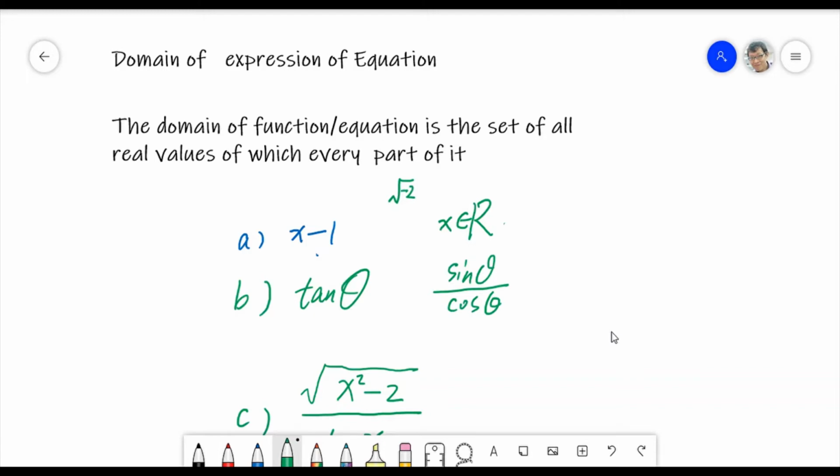But the only problem is cosine is the denominator, so it cannot be 0. Cosine theta cannot be 0. What does that mean?